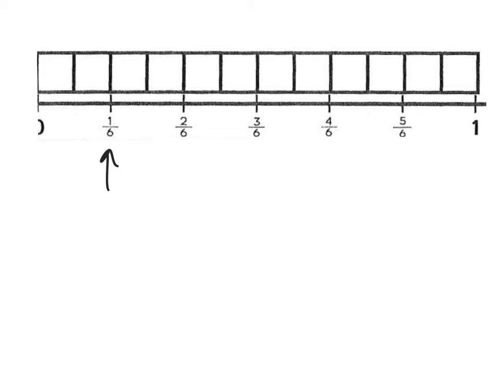So maybe they took a sixth here and divided that up into something. If I start this out, I could start by saying 1/6. If I focus in on this part right there, there's my 1/6. They took the 1/6 and cut it into halves, or divided it by 2.